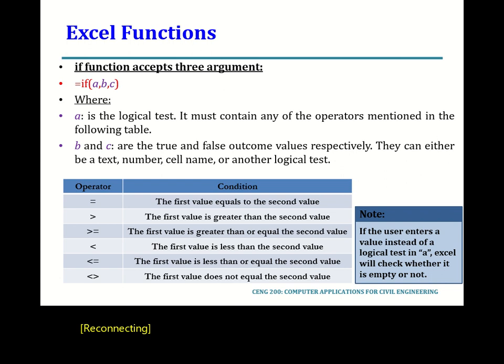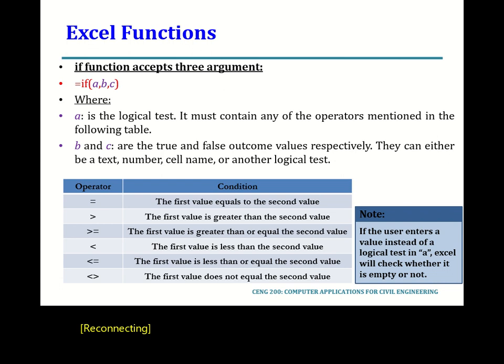So an if statement has three inputs, and these inputs can be statements, numbers, text. So again it's very broad, so pay attention now. For example, A is a test which you want to perform on the value.